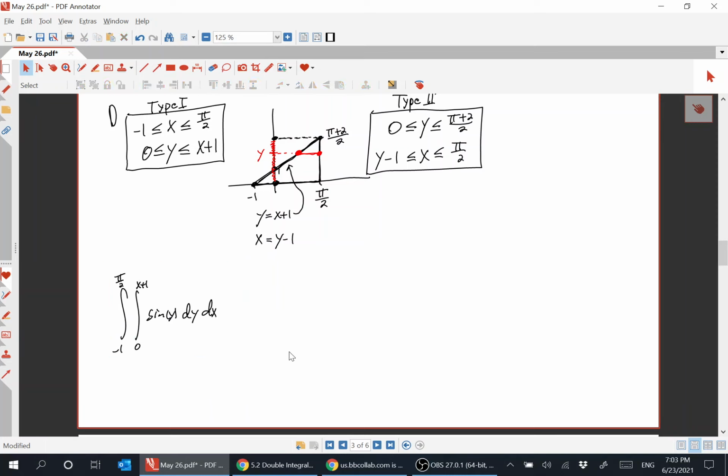So that is equal to the integral from y minus 1 to pi over 2, and then 0 to pi plus 2 over 2, of sine y dx dy.